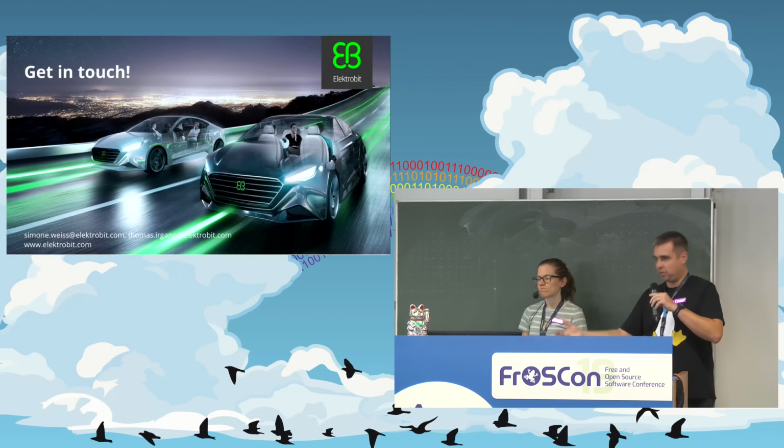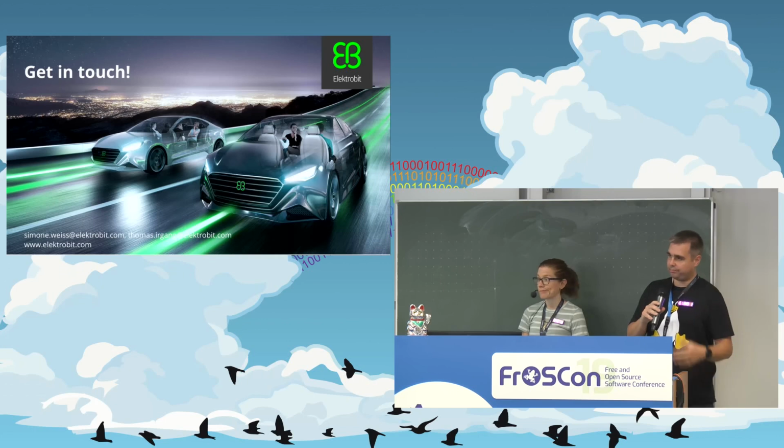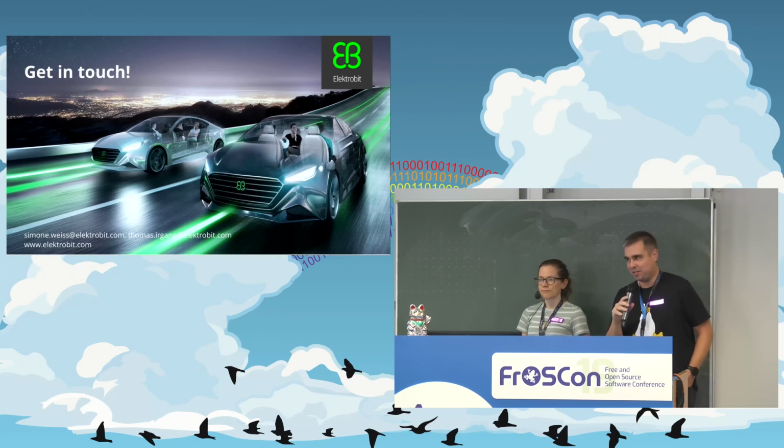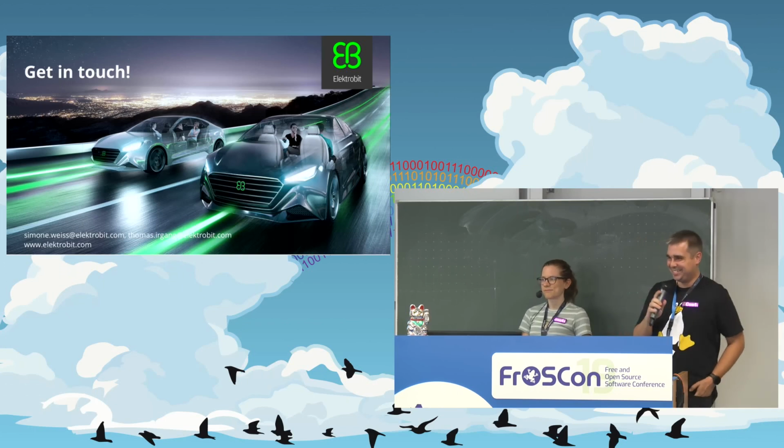You have existing backends. You have some middleware like adaptive AUTOSAR. So it's possible. We have POCs, but not a solution which is polished enough to show somewhere. Thank you.